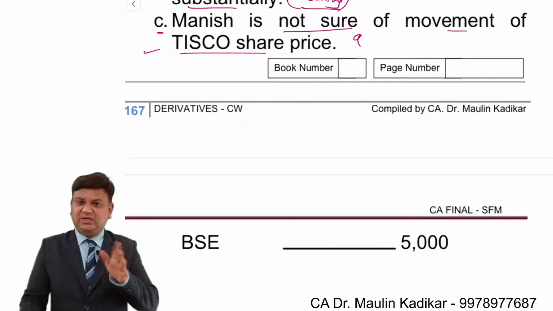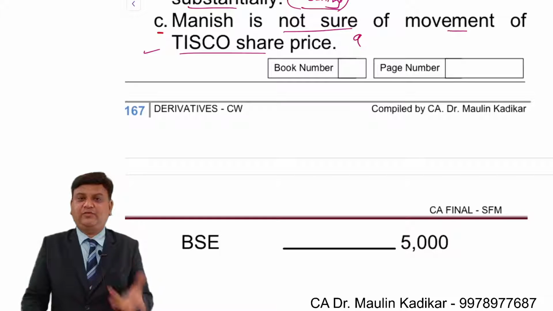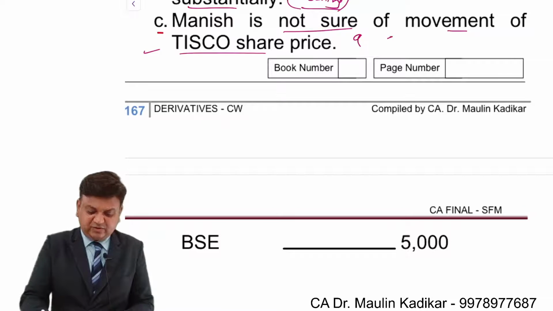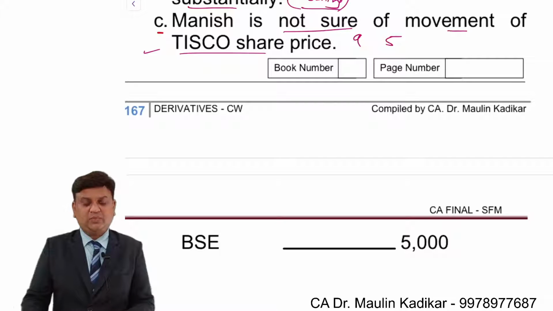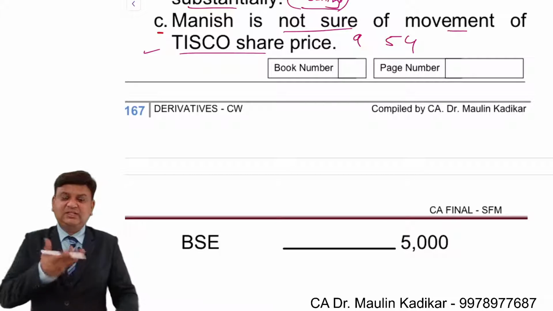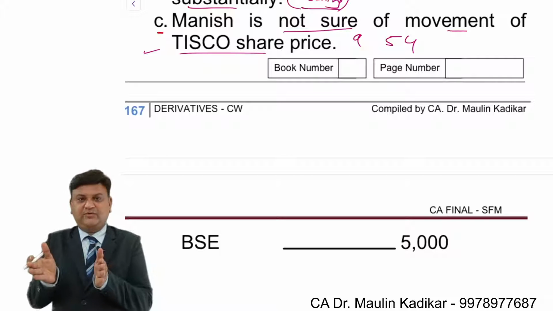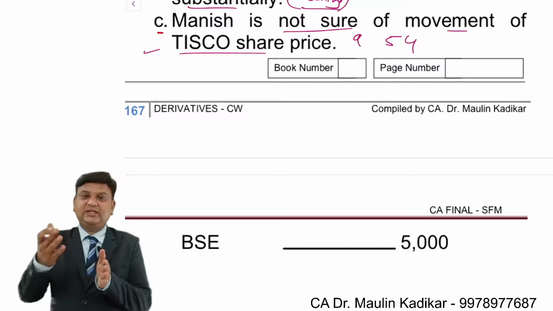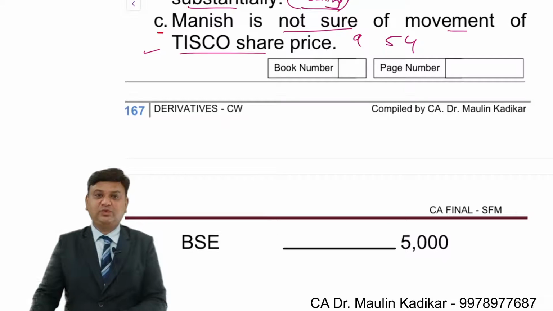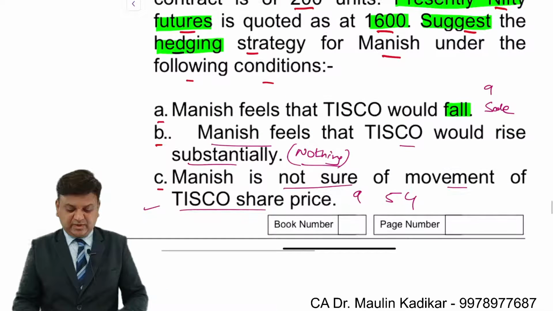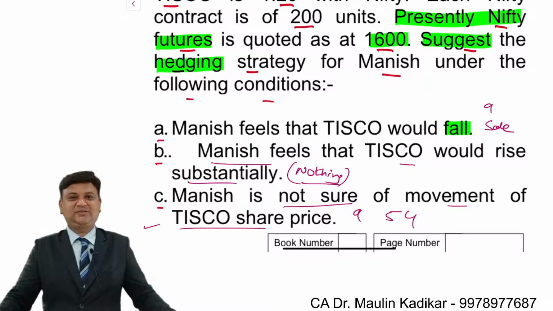If you want to take partial risk, you want to hedge to the extent of 50%, then you sell 5 contracts, 4 contracts, something like that. The more conservative you are, the more contracts you sell. The more aggressive you are, the fewer contracts to be sold. That is the way we are required to answer the C part of the question.